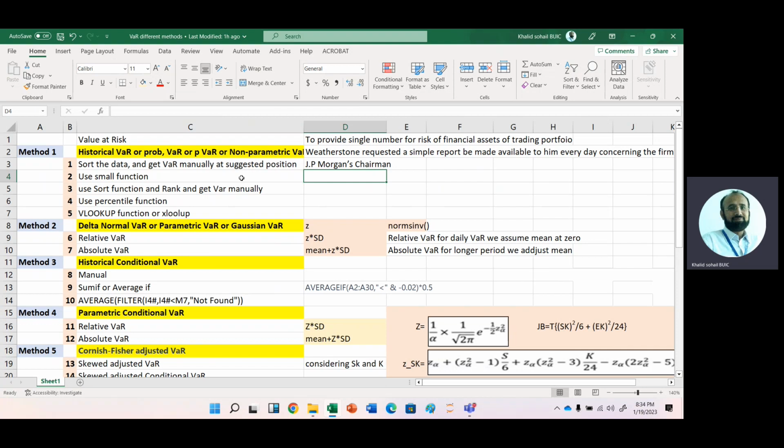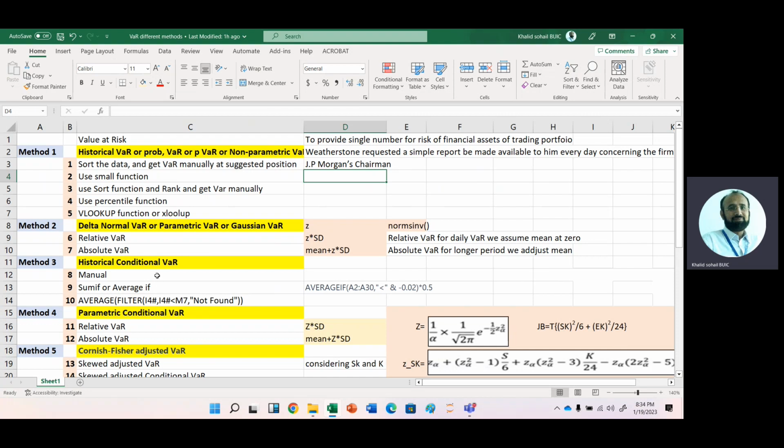So we take the average of all these negative numbers before the suggested position in the first method. This method is called conditional value at risk. We can get it manually, as I was discussing, by taking the average before that position, or we can get it by using different Excel functions like AVERAGEIF or SUMIF, or with the help of the average and filter commands as well.